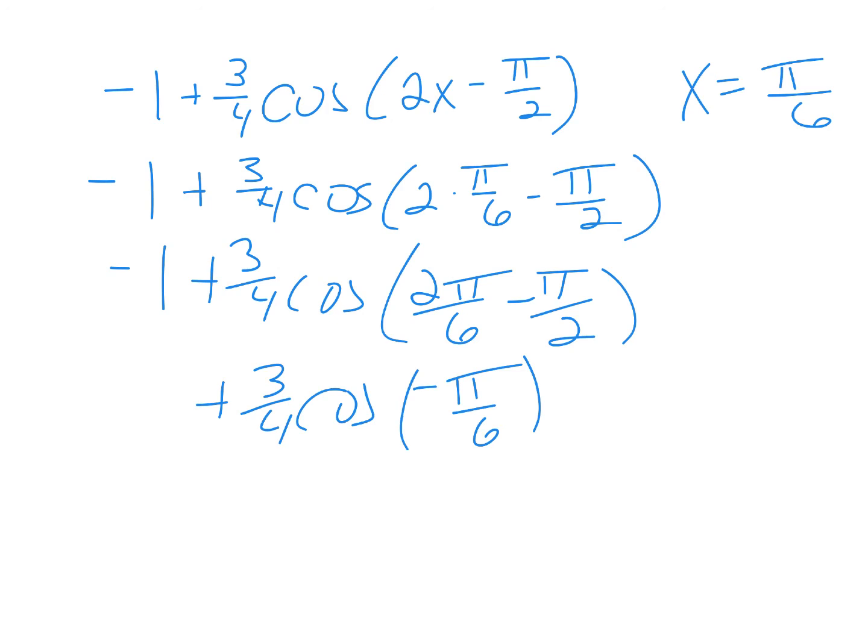Now, negative trig values can be hard to figure out right away. So if you do want to, add 2 pi to that. Anytime you have a negative trig value, add 2 pi to it. That's going to get us 11 pi over 6.